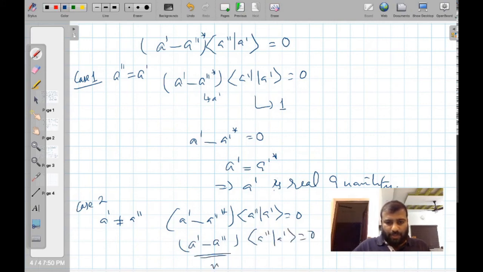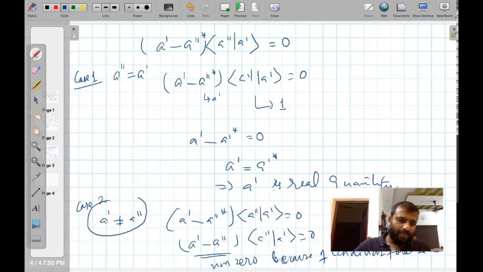This is non-zero because of the condition we have chosen for case 2, A' not equal to A'', so this cannot be 0.